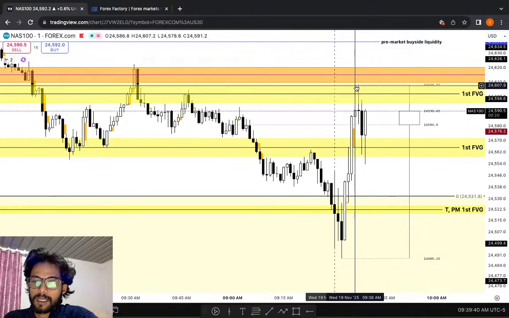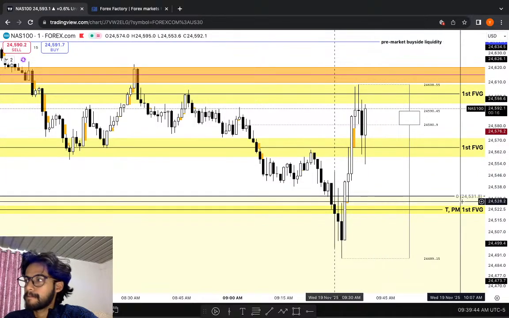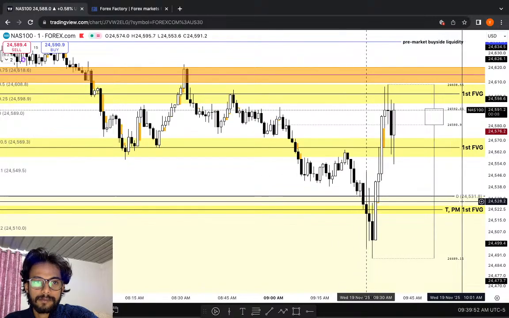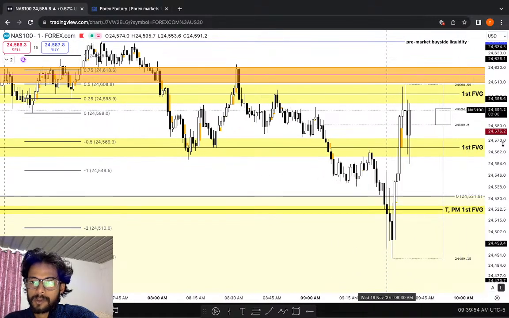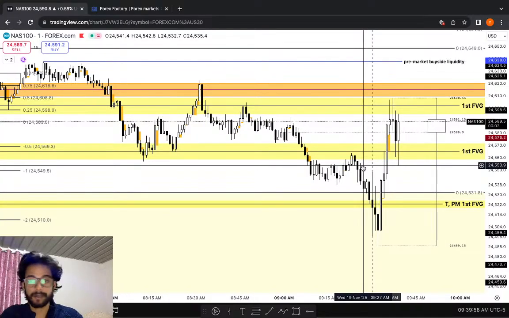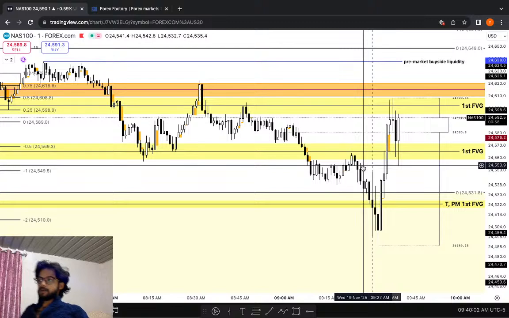But look at that, how quickly it displaced lower. So that will be it from my side, because I don't like to trade on Wednesday too much. I don't like to trade on Wednesdays.